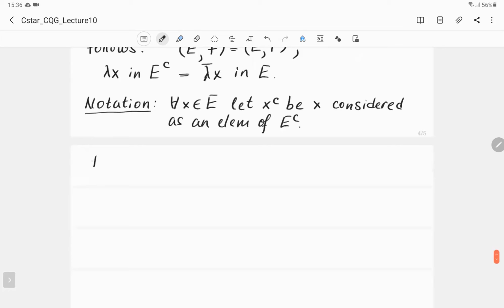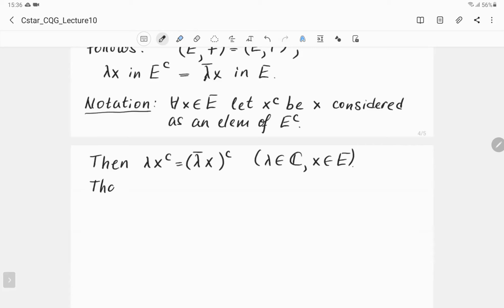Then the above formula for the action of the complex numbers can be written as follows. Lambda xc is lambda bar xc for all complex numbers lambda and x in E. In other words, the identity map from E to EC, which takes each x to xc, is antilinear.